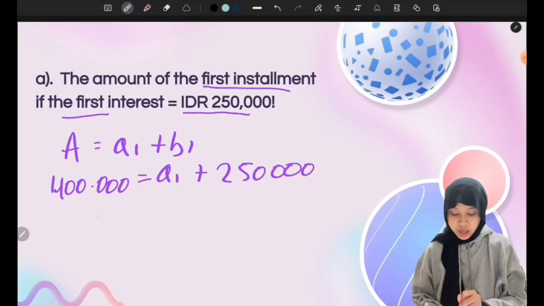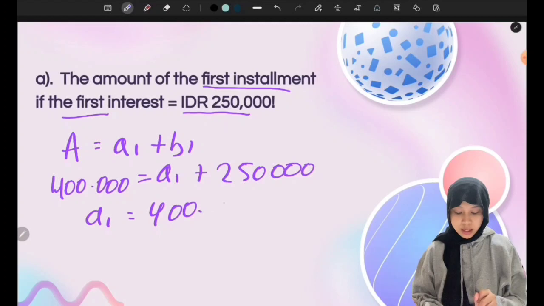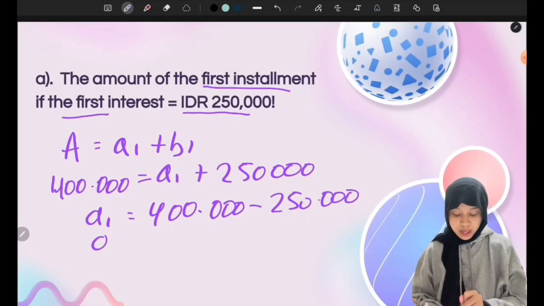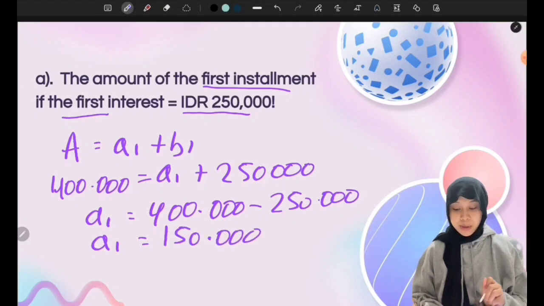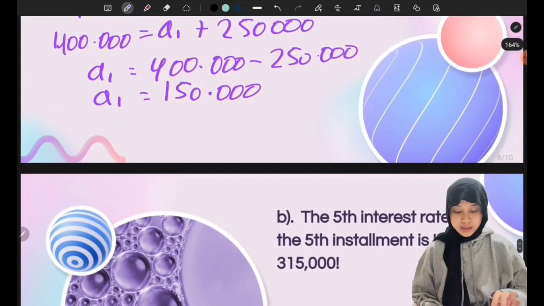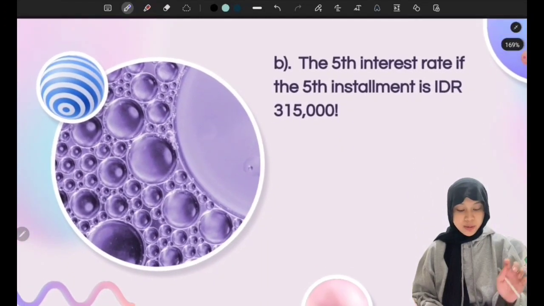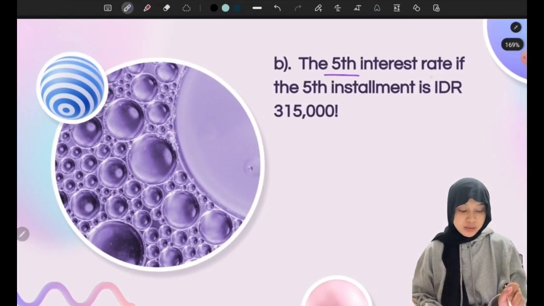And we change A1 equals 400,000 minus 250,000. So A1 is 150,000 rupiah.